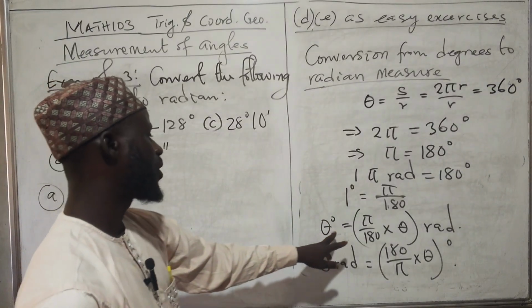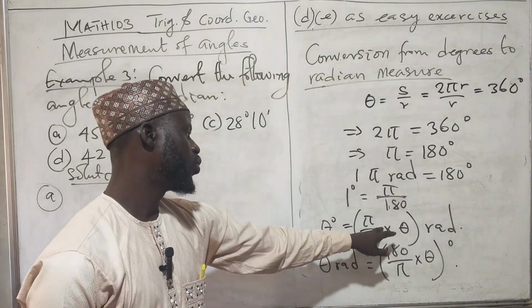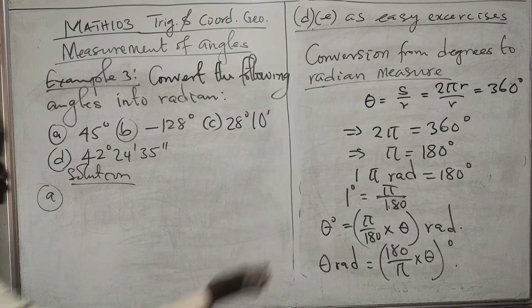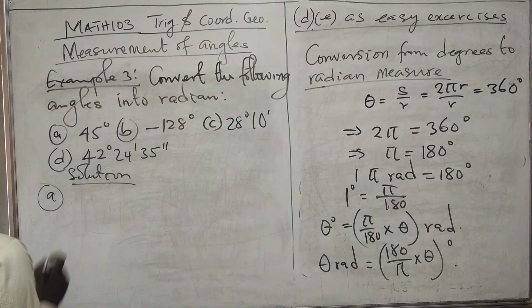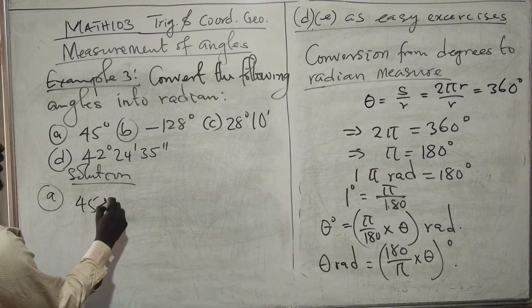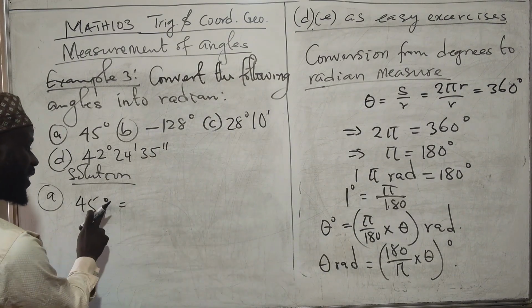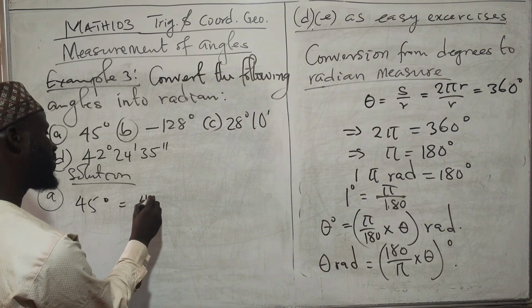So to convert an angle from degree to radian measure, we multiply that angle by pi over 180, as we can see here. So 45 degrees is equal to 45 times pi over 180.